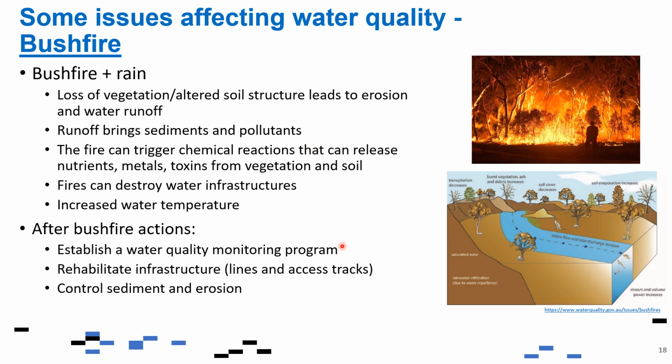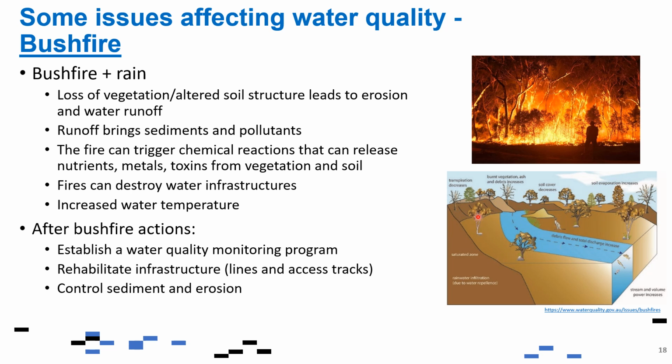So there should be a water quality monitoring program, especially after these events, to make sure that the infrastructure, the lines, and the access tracks are fixed again, and also to control the sediment and erosion during these bushfire events. So all of these will happen.